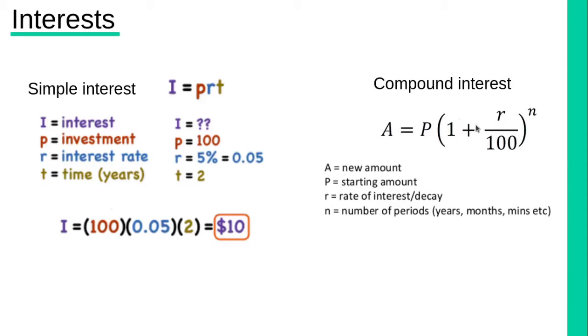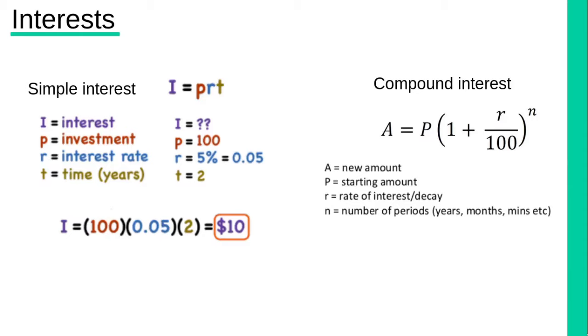And the 1 plus the rate over 100 is due to the fact that every time we apply the interest, it is being applied to P plus whatever interest we had gained previously.